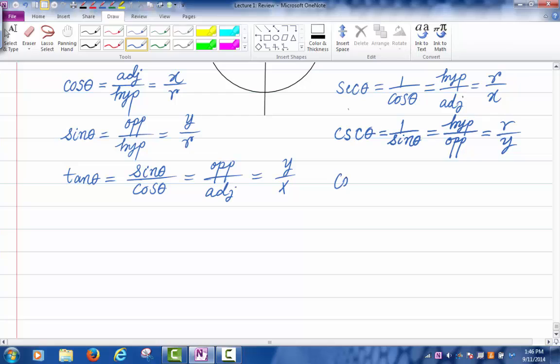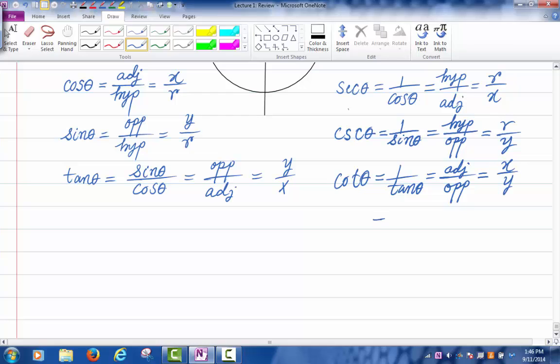And the last one, cotangent of theta, it's 1 over tangent, which is another way of saying it is the adjacent over the opposite, which is x over y.